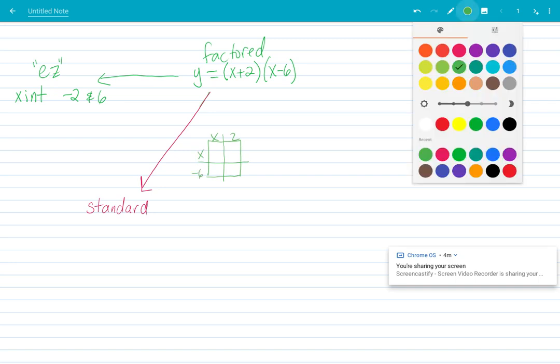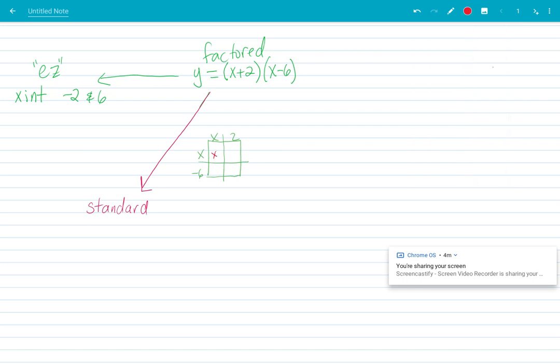We get x squared, 2x, negative 6x, and then negative 12. So standard form is going to be x squared, then you combine these two right here, minus 4x minus 12. This is standard form.